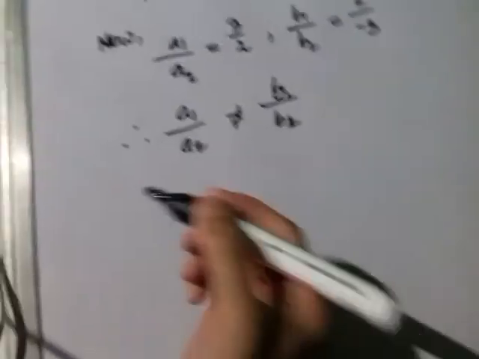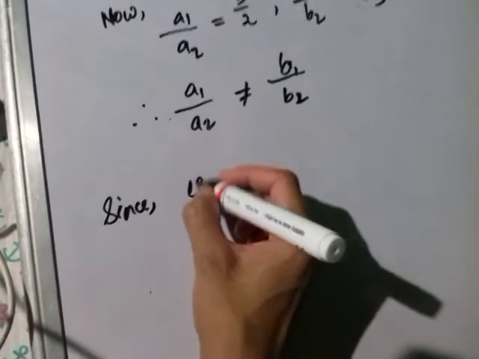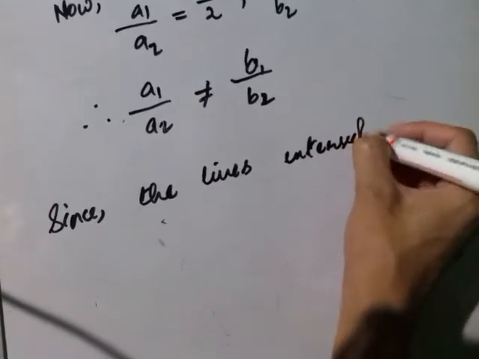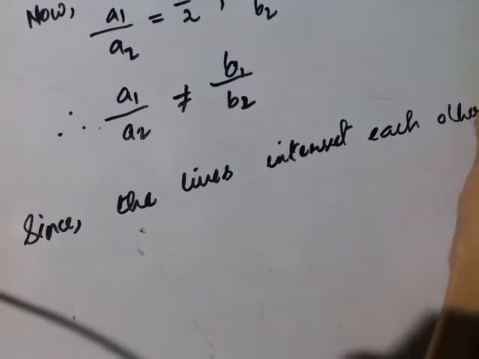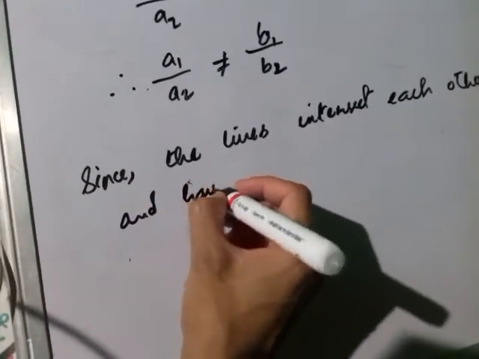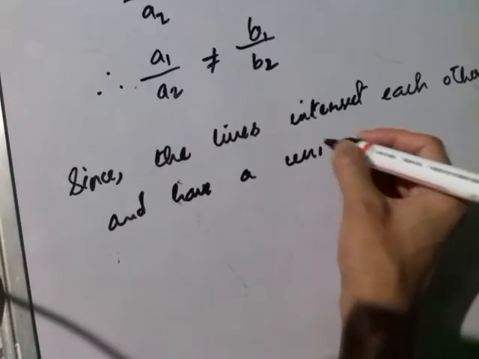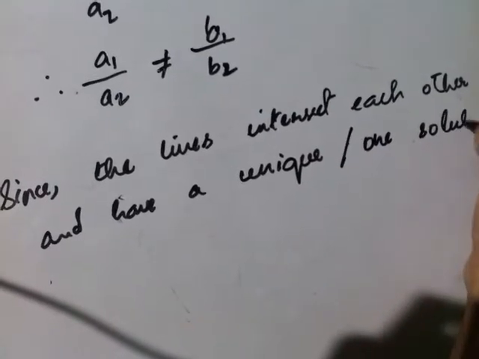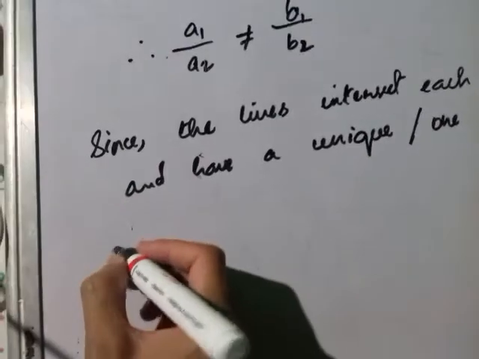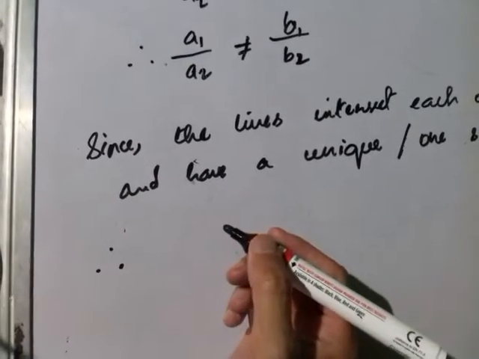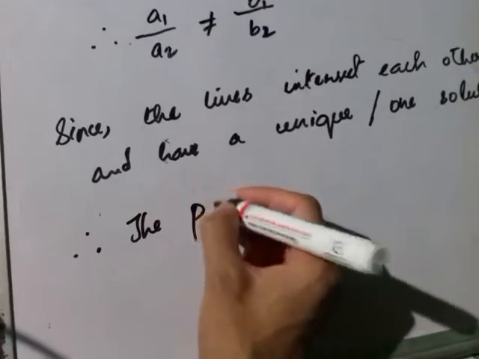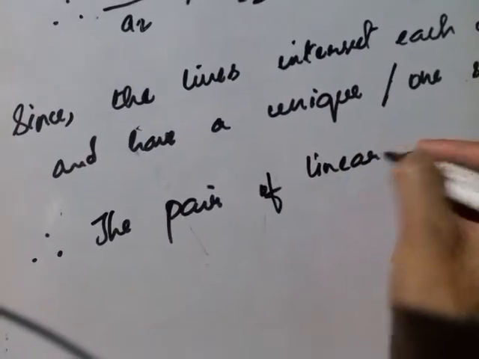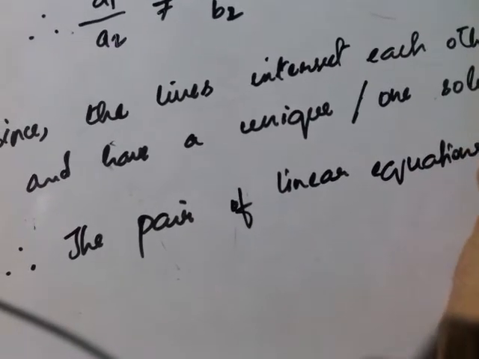So how will we write here? You will write: since the lines intersect each other and have a unique solution, that means only one solution, therefore the pair of linear equations is consistent.